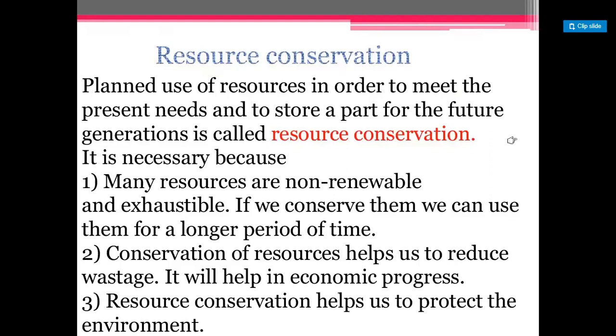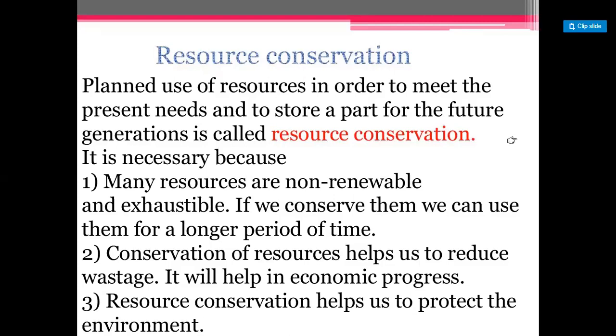And what is the need of this conservation? As we have discussed about the classification of resources, and in that we have observed that non-renewable resources are also there. And if you will see, renewable resources are also converting into non-renewable.